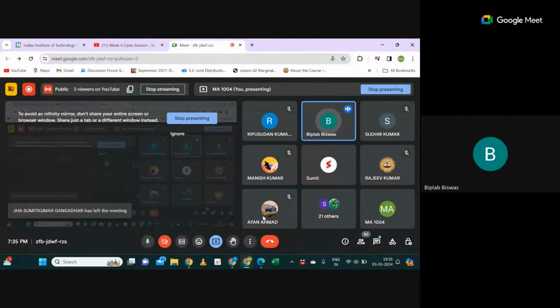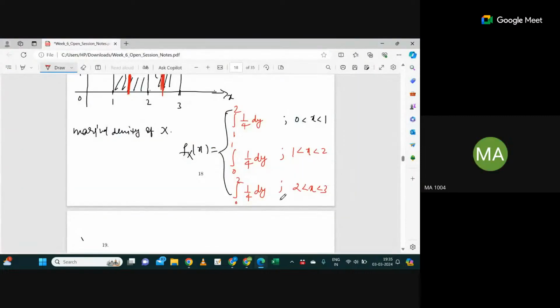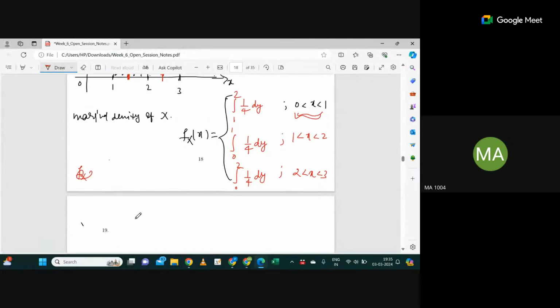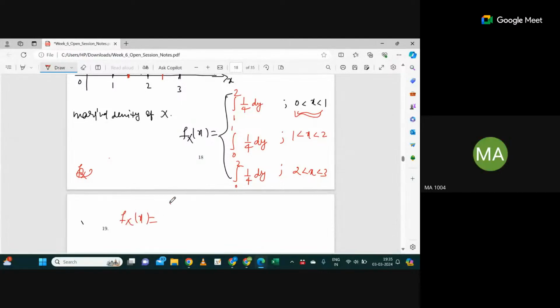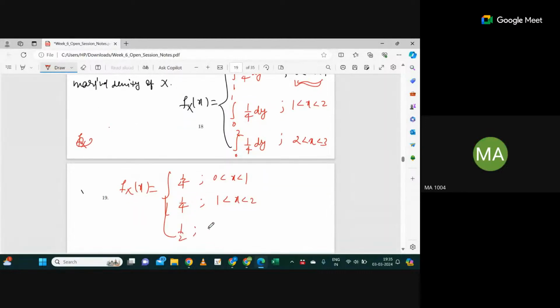So the first one we will get is 1 by 4 for 0 to 1, the second one also 1 by 4 for 1 to 2, and the last one is half for 2 to 3.